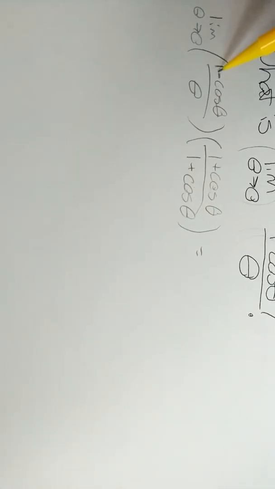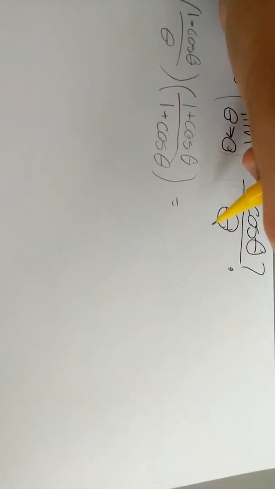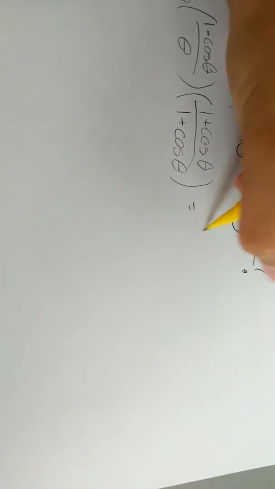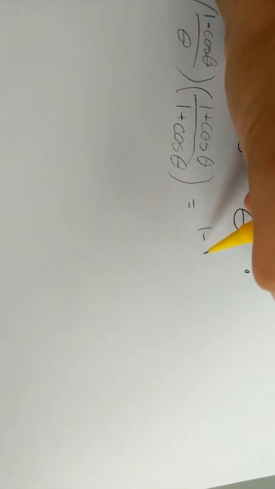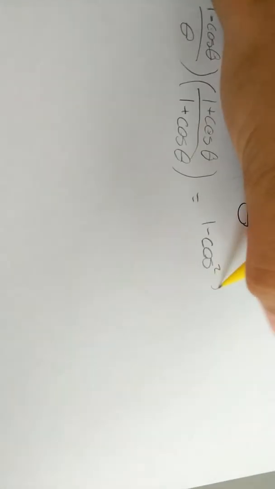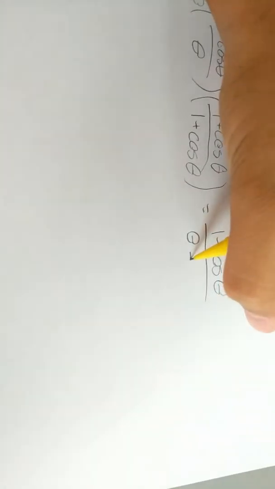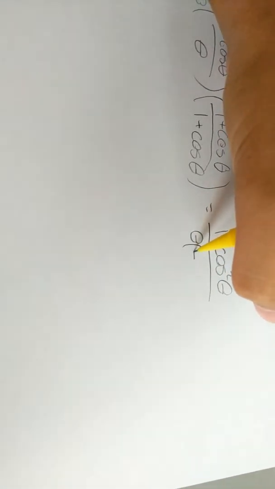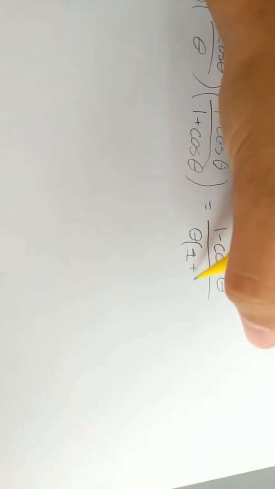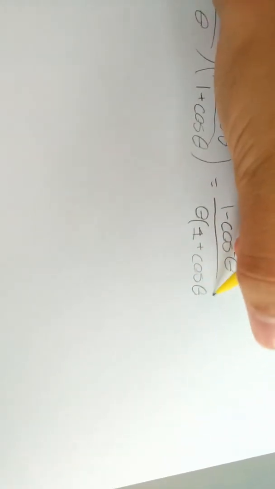You might notice 1 minus cosine theta times 1 plus cosine theta is a difference of squares. So we will have 1 squared, or 1, minus cosine squared of theta, over theta times 1 plus cosine theta.